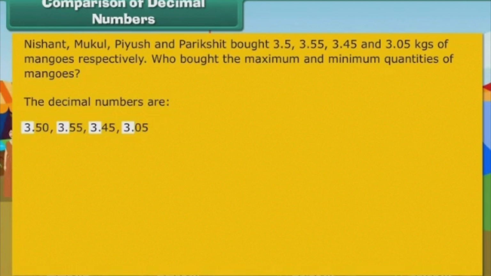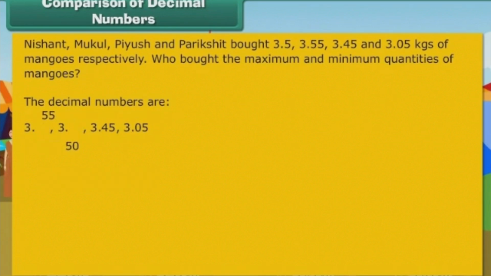Therefore, we arrange them on the basis of the digits after the decimal point. These are 50, 55, 45 and 05. We are aware that 55 is greater than 50, which is greater than 45, which is greater than 05.